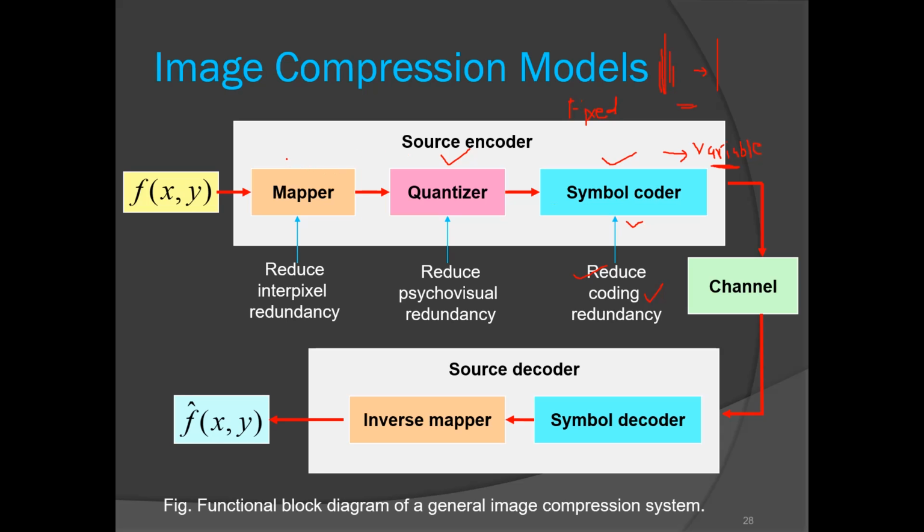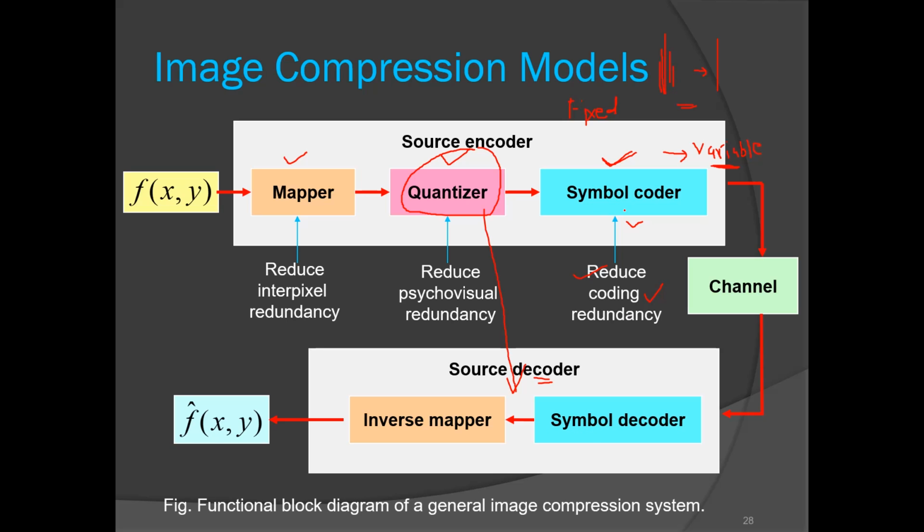So the operation performed by the mapper is reversible, the operation performed by the coder is also reversible, but the operation performed in the quantizer stage is irreversible. That's why the complementary process of quantization is not present in the decoding phase. In the decoding stage, we have two components, and the operations are performed in the reverse order.